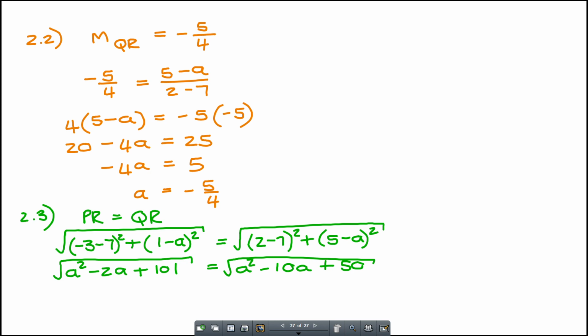Now, because both sides are square root of something, you can square both sides. As long as I do it on both sides, then I'm technically not changing anything. So it's like doing this, squared, squared. Then I just get rid of my square roots. So then it looks like this. So the same, just without the roots.